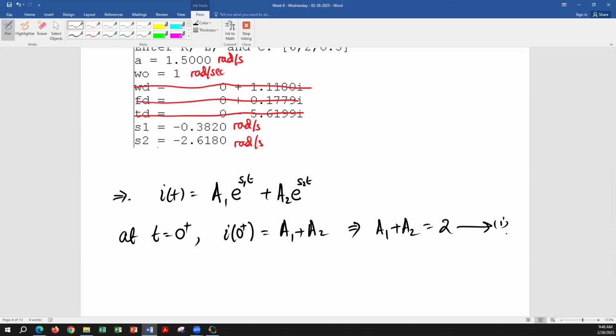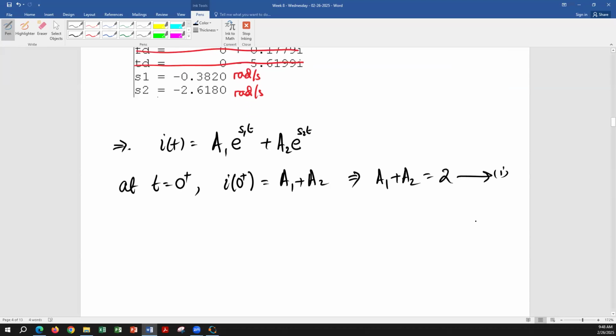And to find the second equation, we are going to differentiate it with respect to t and then put t equal to 0 positive also. And that's going to give us A1 s1 e to the power s1t plus A2 s2 e to the power s2t.